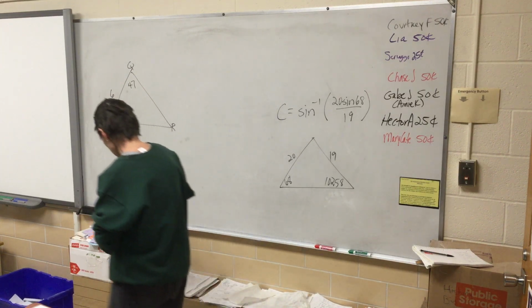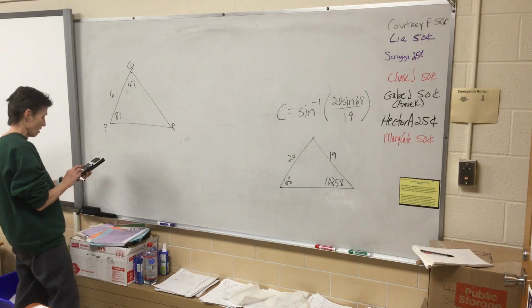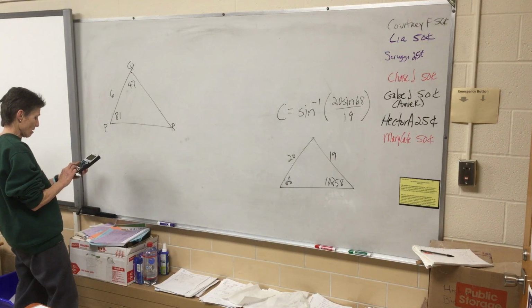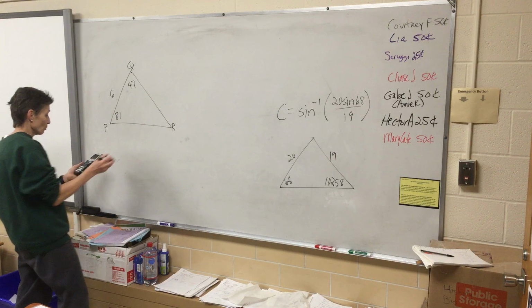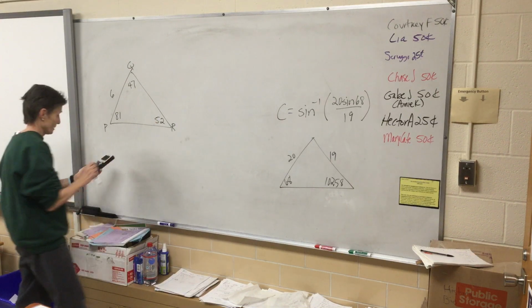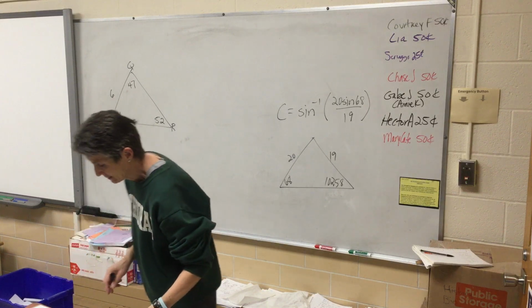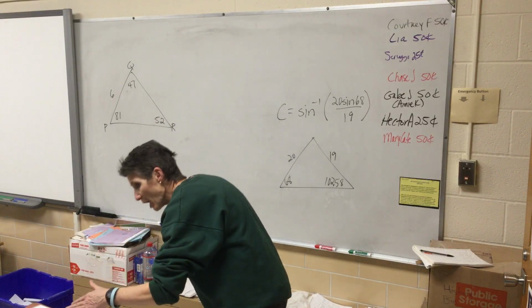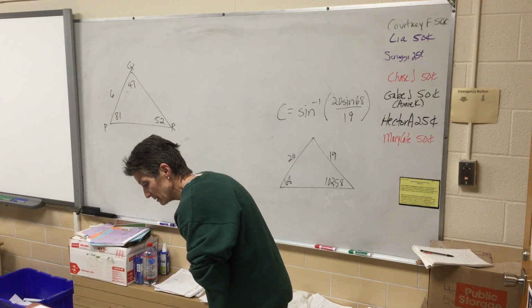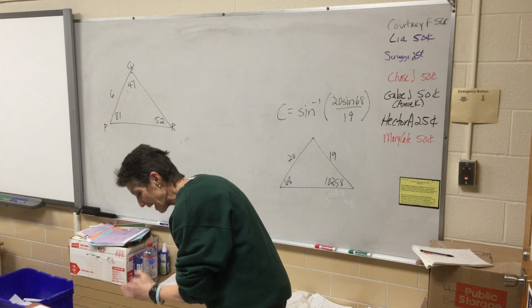So Gabe says, well, Mrs. Ford, you know angle R. Angle R would be 52. Did I subtract right, I think? Yeah. Now, if my job is to find area, what do I need to have?